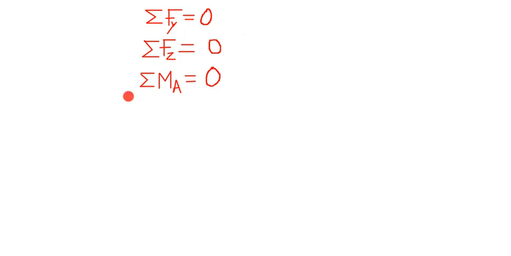And the last one is this one, which states that the vector sum of all the moments acting at a point on the rigid body should equal 0. So for a body to be in equilibrium, it must satisfy all these four equations. This one and these three.